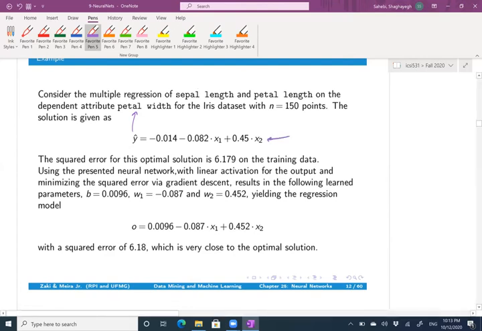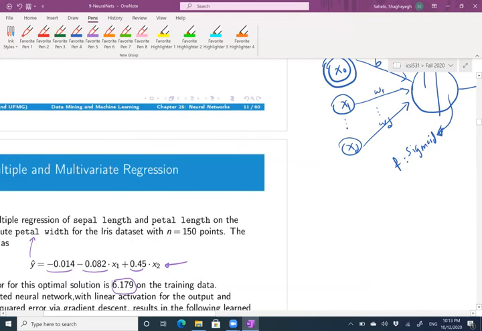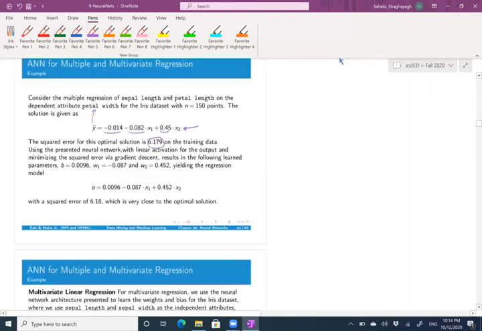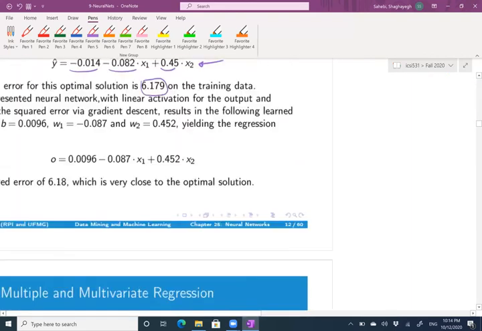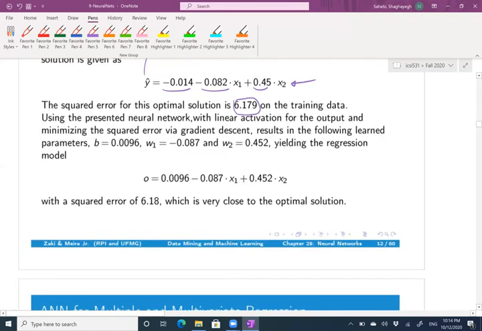So these are the W's that we are going to learn from regression. And the squared error that we are going to get for this solution is going to be equal to 6.179.